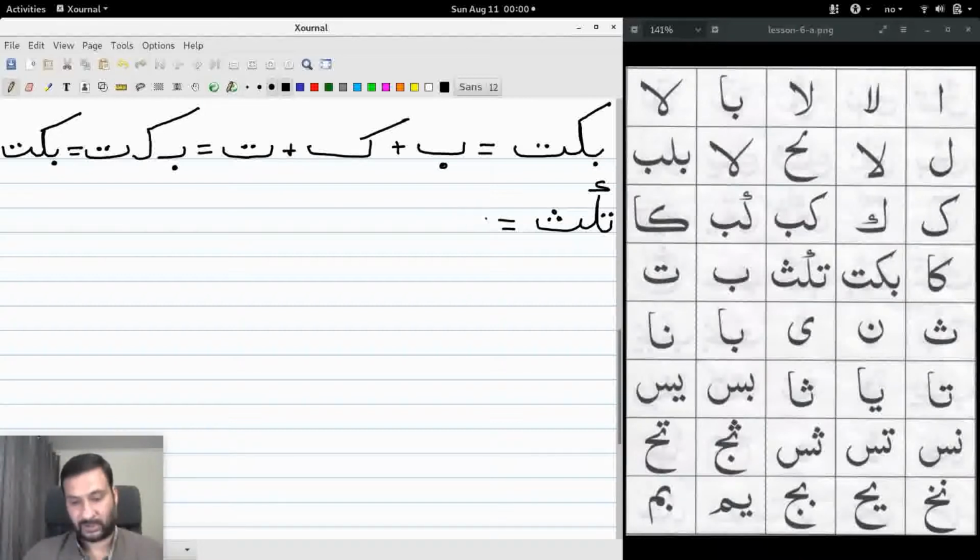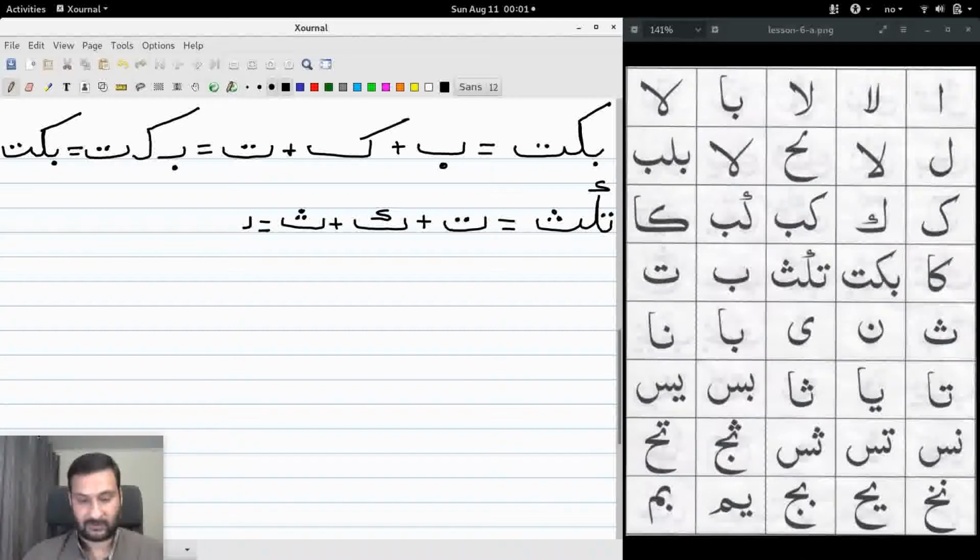Ta, kaf, tha is of course made up of the letter ta and the letter kaf and the letter tha. So I'm going to emphasize again that this kaf and this kaf are the same. It's just two different ways of writing it. So I'm going to break it down like so.